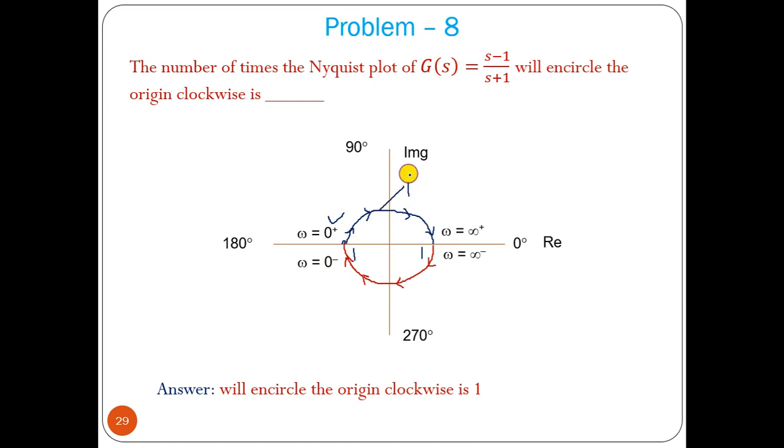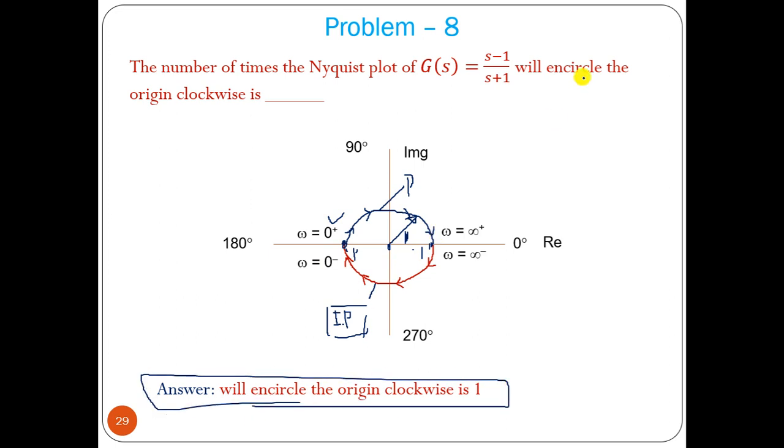So this is your polar plot, and this is your inverse polar plot. What we can see is that it varies from this point to this point, whose magnitude is 1. So this is a circle whose magnitude is 1. So it encircles the origin in the clockwise direction one time. That is your answer.